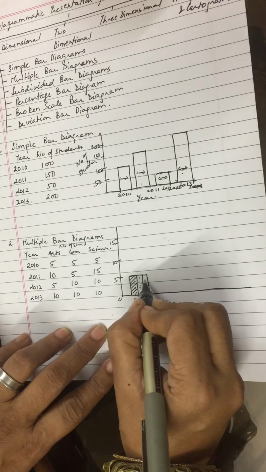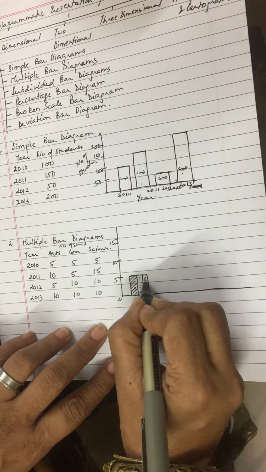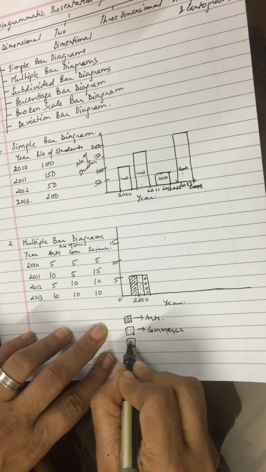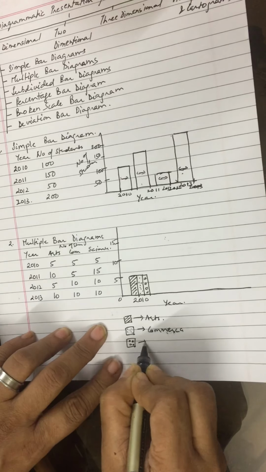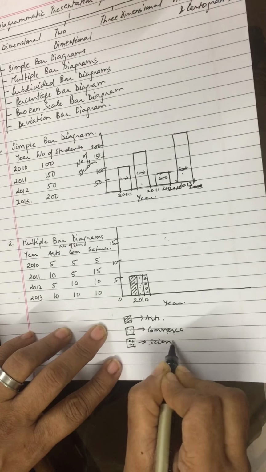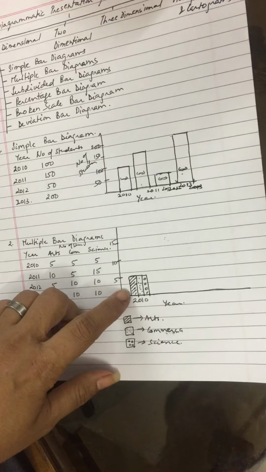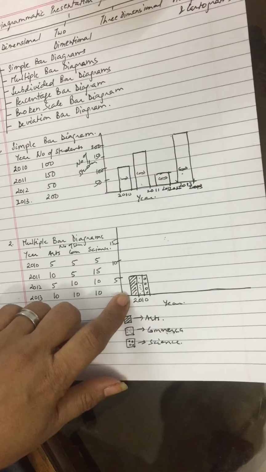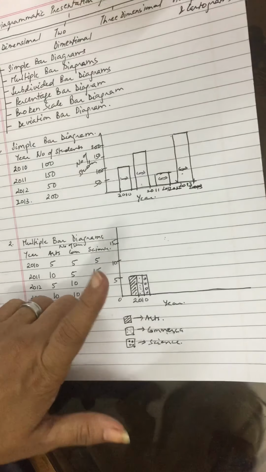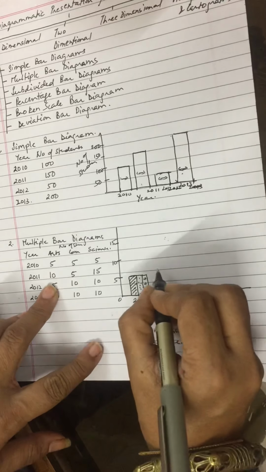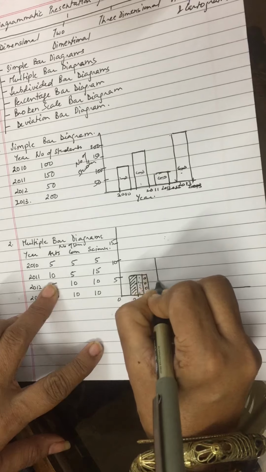And the third one, again I can put maybe circles to show that the circles are representing science students. So now when you look at the diagram, you can make out that okay, these are bar diagrams. That means this is the number of art students, this is the number of commerce students, this is the number of science students.